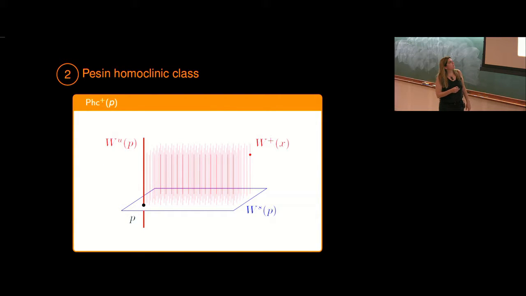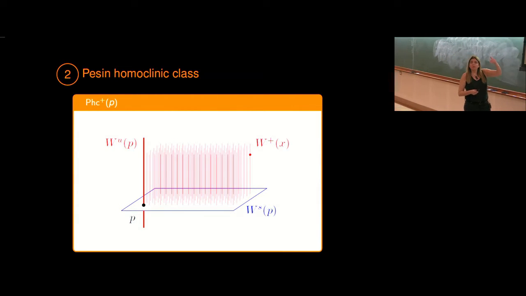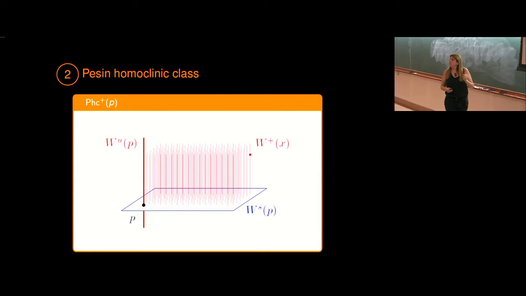You have here, for those color-blind, the plane is blue and the vertical lines are red. And the plane is the stable manifold of P, and the vertical lines are the unstable manifolds of X, of any X. So any X which non-trivially transversely intersects the stable manifold of P or of any point in the orbit of P, which will be called the Pesin homoclinic class of P. Okay?